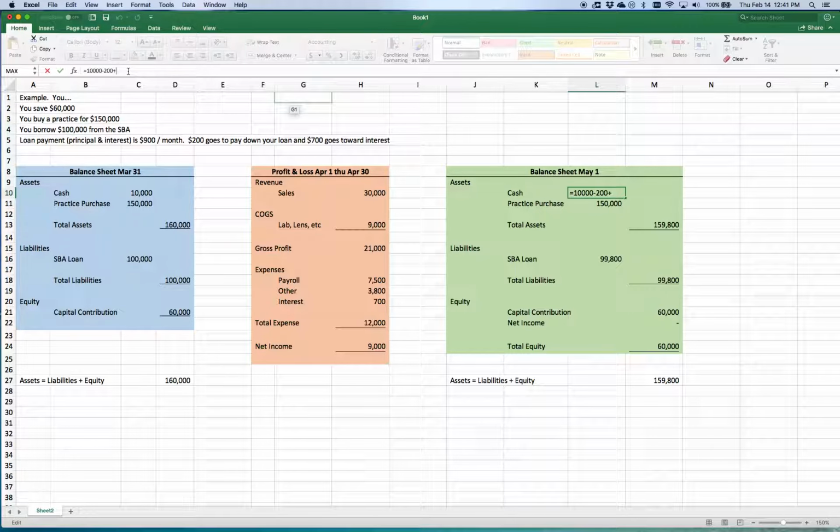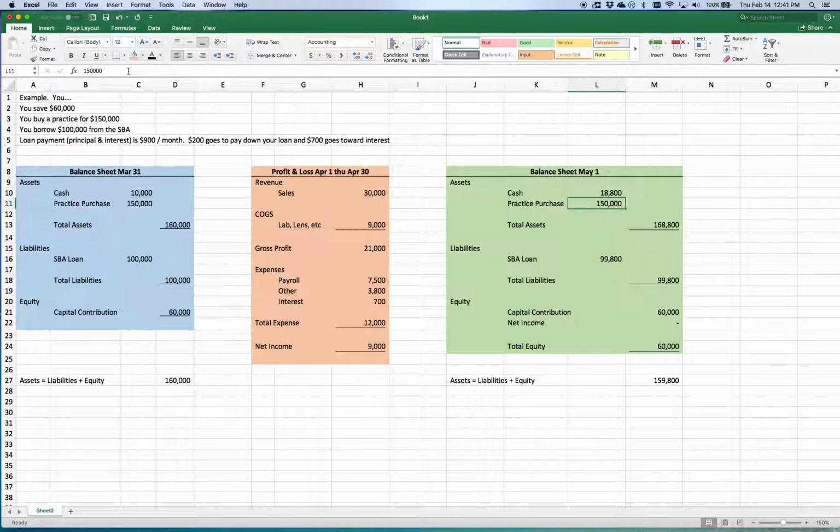However, it increased by $9,000 because that was the profit of the business. So now you have $18,800 in cash. That needs to be offset because of how accounting works: the net income amount is recorded in the equity section, also known as retained earnings. So we're going to put $9,000 in the equity section.